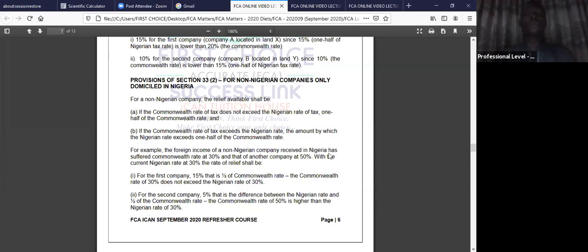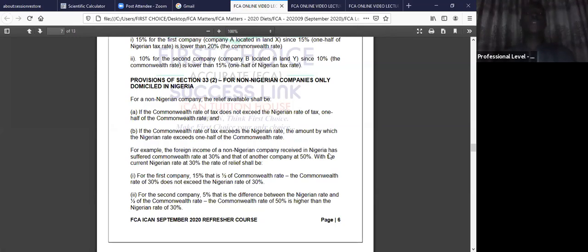So what you will do, half of 40%, which you have separately, you will compare it with the Nigerian rate, and you say 30% is bigger than 20%. So you say the difference between the Nigerian rate and the halved foreign rate, 20 and 30, that is 10. That is what you are going to be using as the rate of tax.